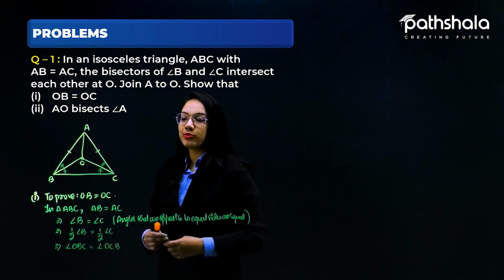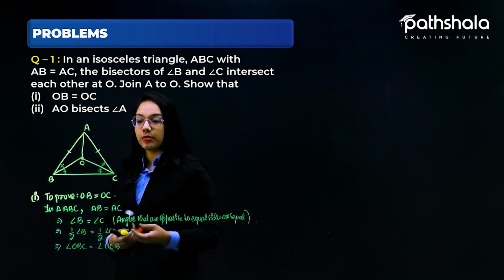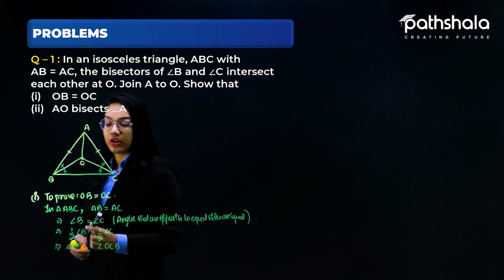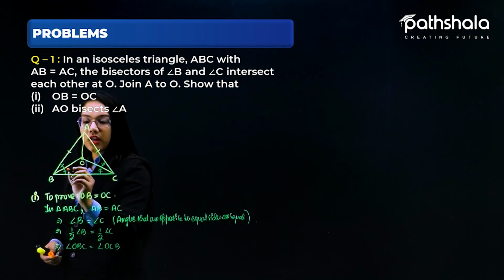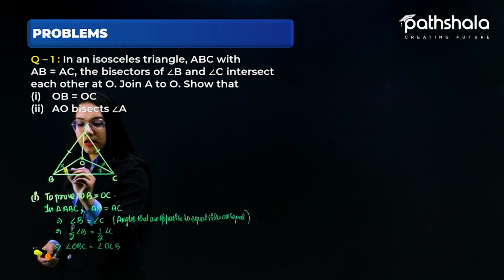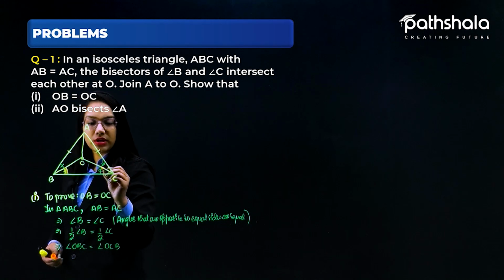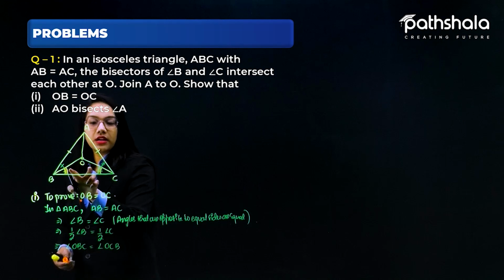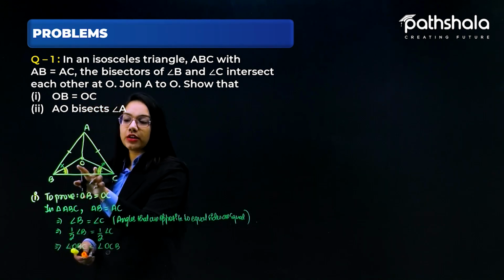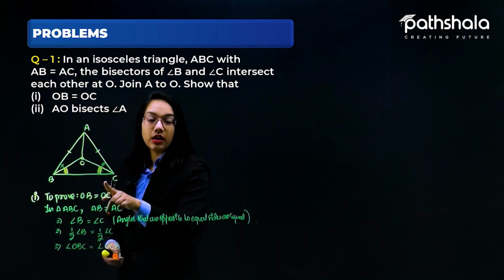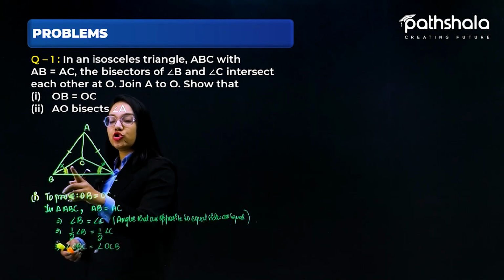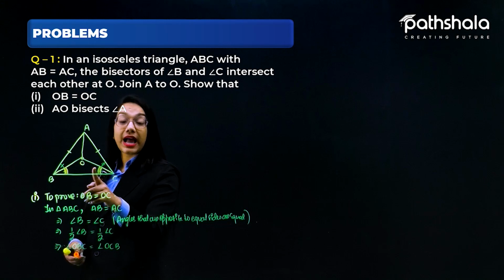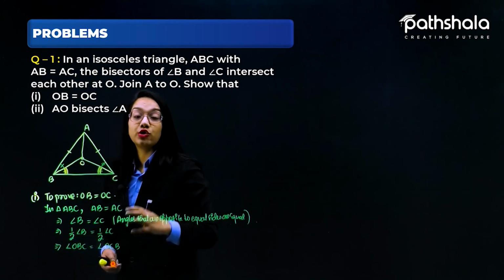Now as you can see, OBC is equal to OCB. If this angle is equal to this angle, then in the triangle OBC, what can we say? If these two angles are equal to each other, then the sides opposite to these angles should also be equal.